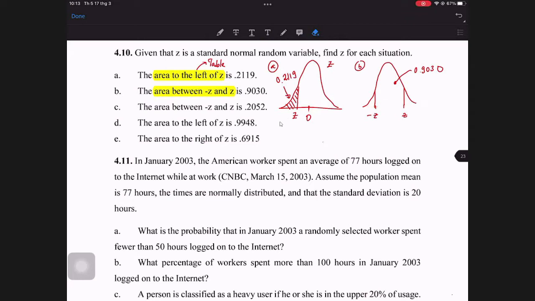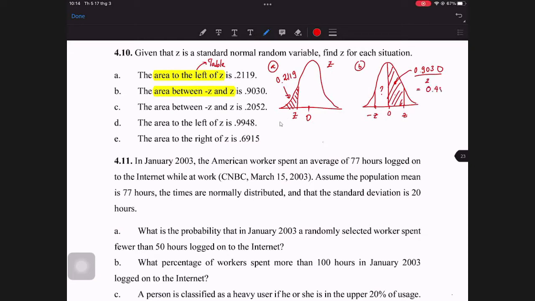Remember that the Z distribution here is symmetric. So these two areas here must be the same. So we can easily find the probability to the right here, which is equal to 0.903 divided by 2.